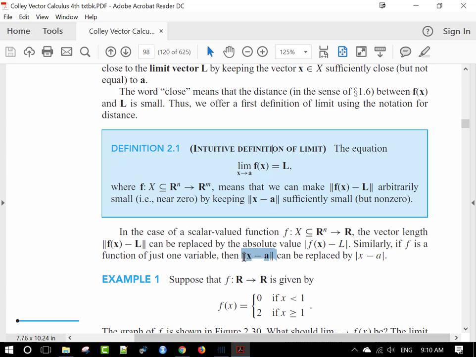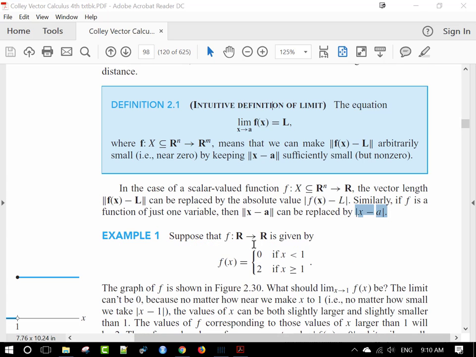And if we have just a function of one variable, then this would be replaced by this. Just reviewing the concept of a limit from R to R.